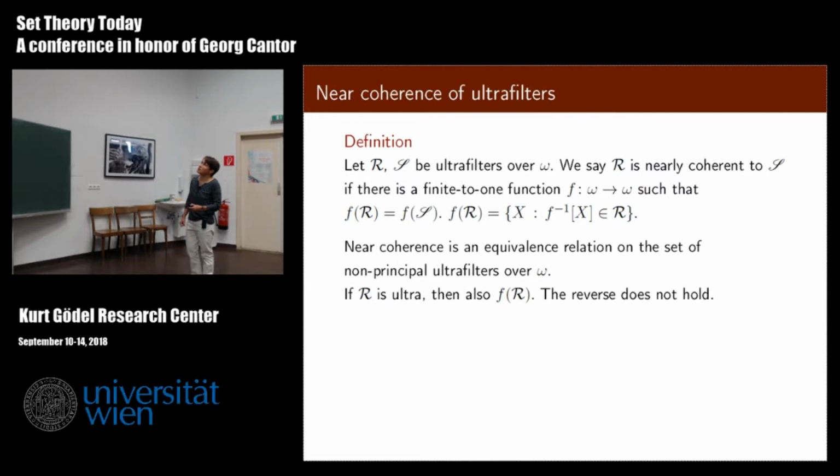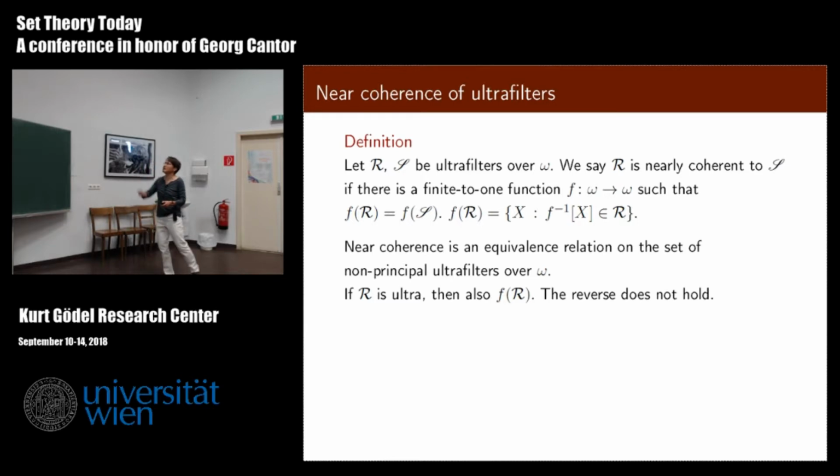But we often want to take the negation of this. On the ultrafilters, near coherence is an equivalence relation. There would be one class of the principal ultrafilters; we leave this out and use only non-principal ultrafilters. If you have an ultrafilter, then this f image is also an ultrafilter. The reverse does not hold, but the difference is slight.